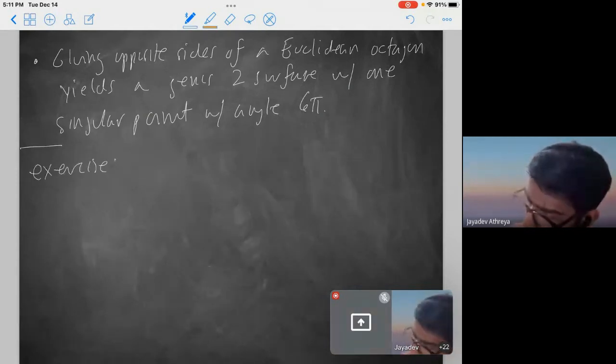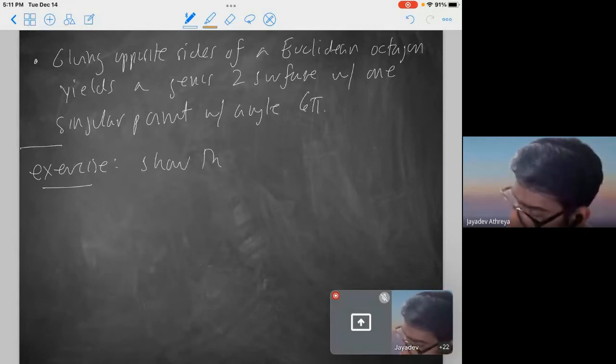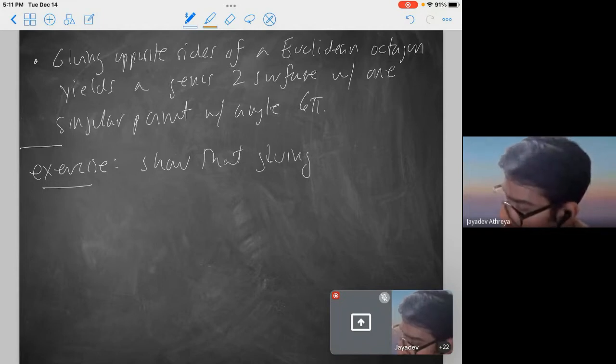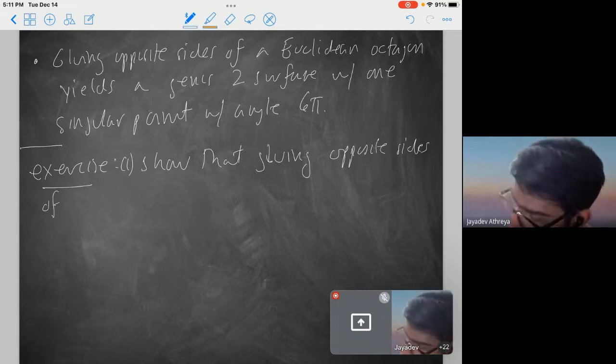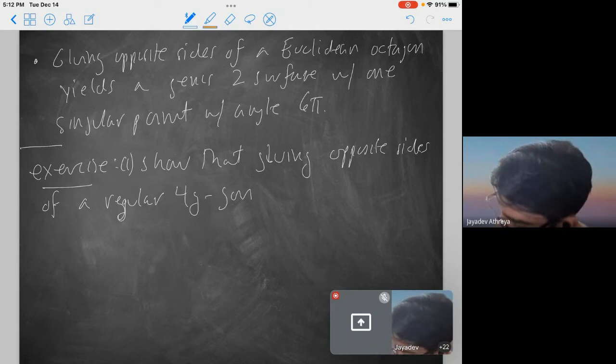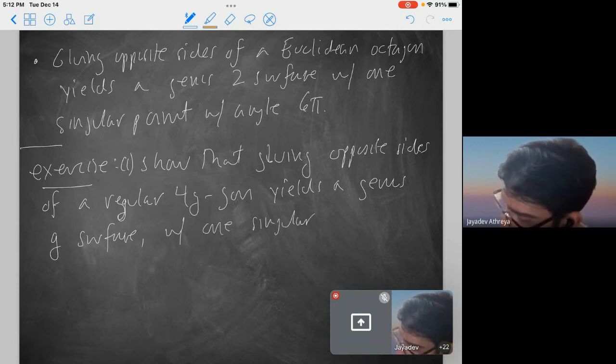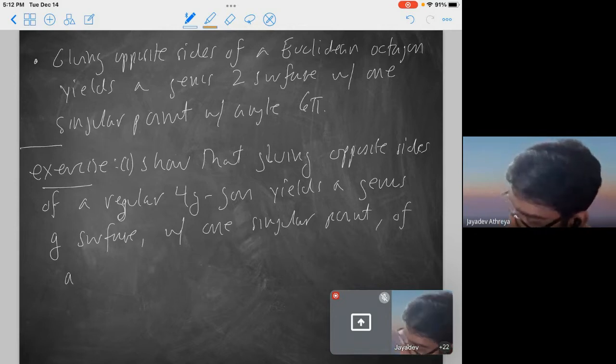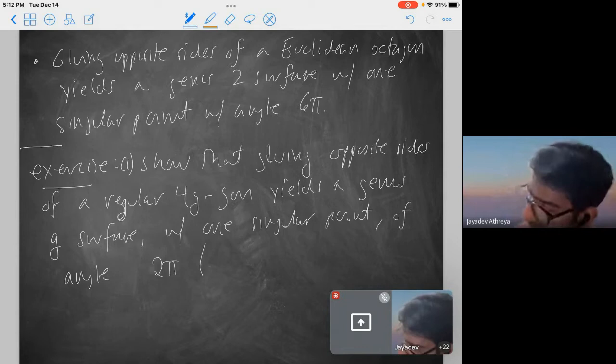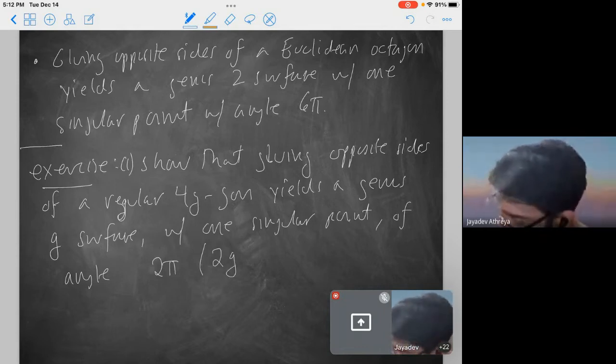Exercise, part 1: show that gluing opposite sides of a regular 4G-gon yields a genus G surface with one singular point of angle 2 pi times 2G minus 1.